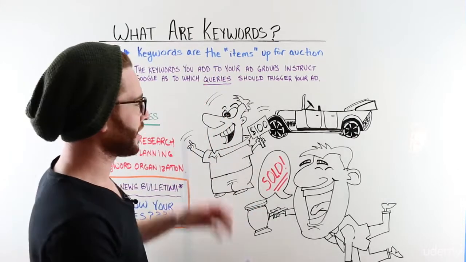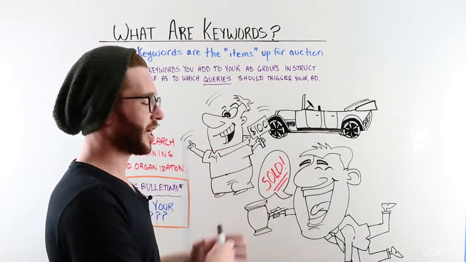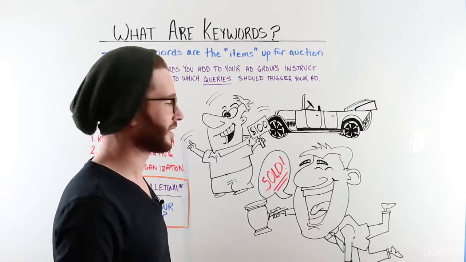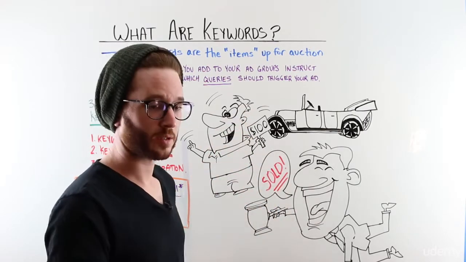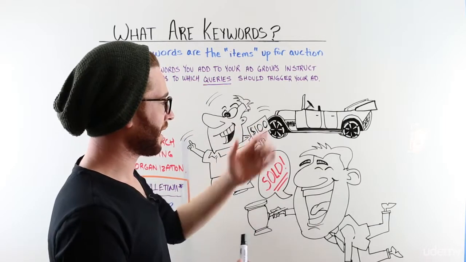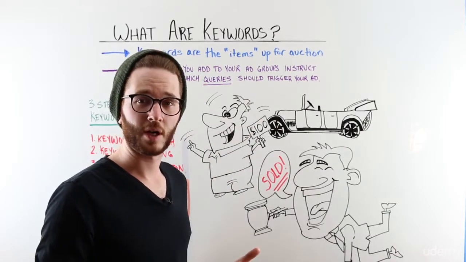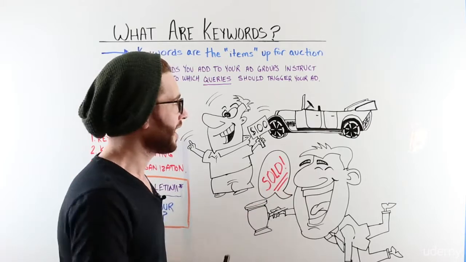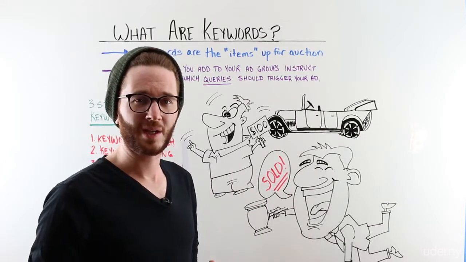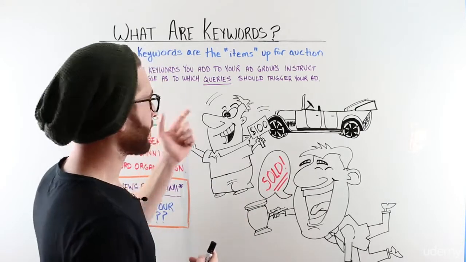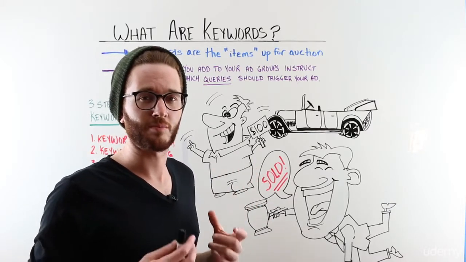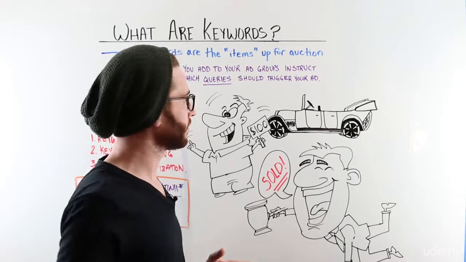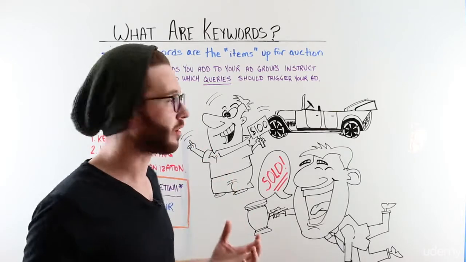As you see here, we have a primitive sketch, excuse my artistic skills which are lacking, of a classic car auction. People come to bid on classic cars, and the highest bidder wins the auction and wins the car. A keyword in your AdWords campaign is like the item up for auction, i.e. the classic car. That's what a keyword is most related to, if you compare it to an actual physical auction.